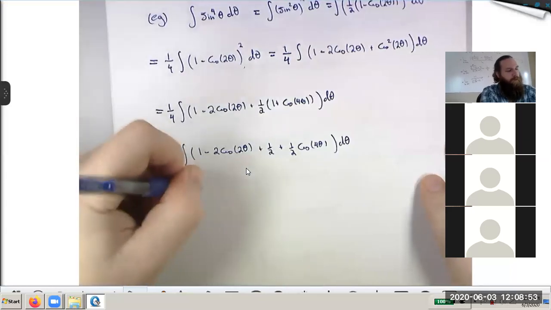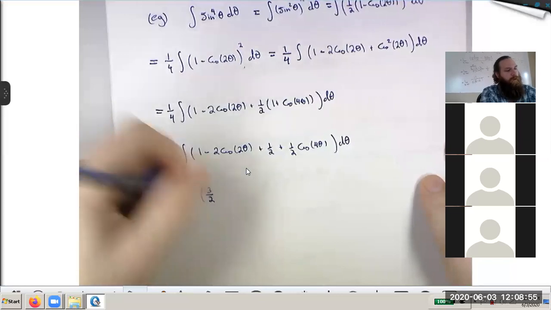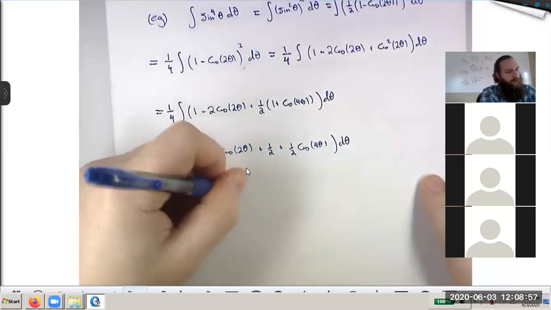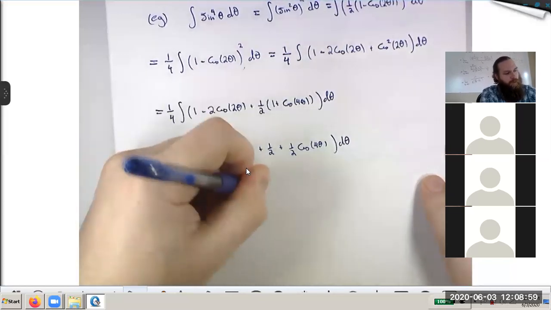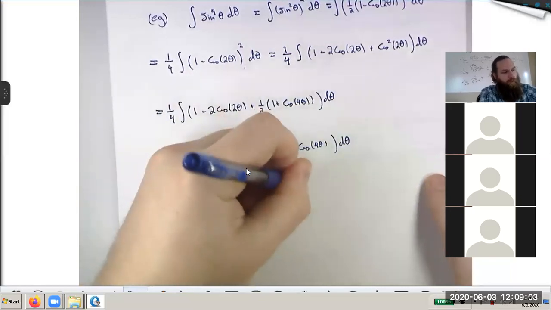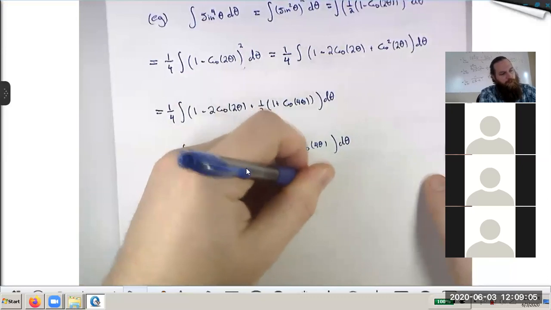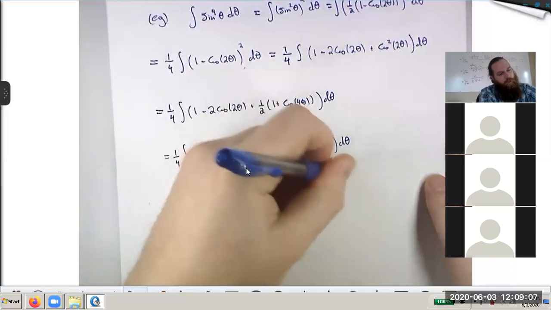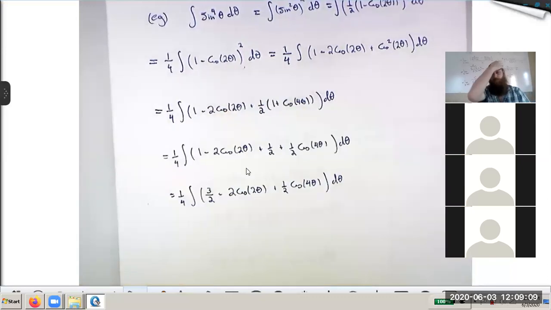So this is the integral of 3/2 minus 2 cos 2 theta plus 1/2 cos 4 theta d theta. And now there's no powers left. Everything is stuff I know how to integrate.